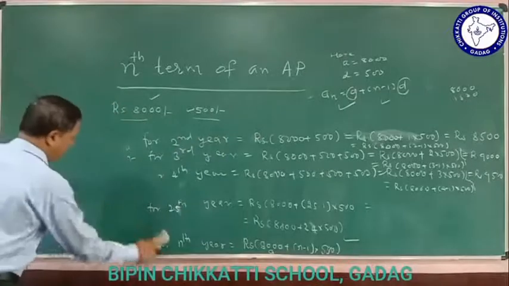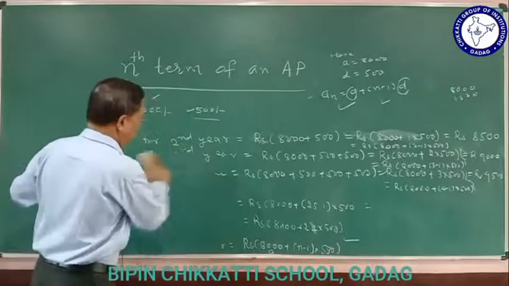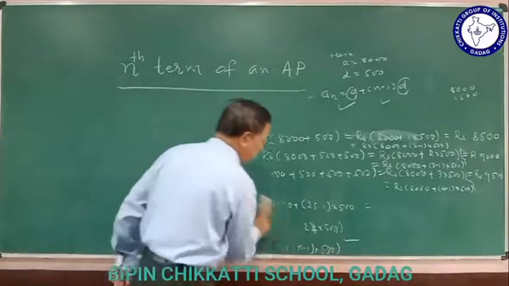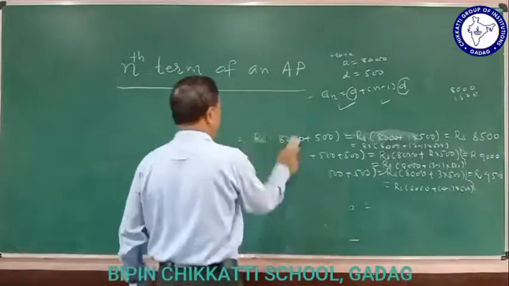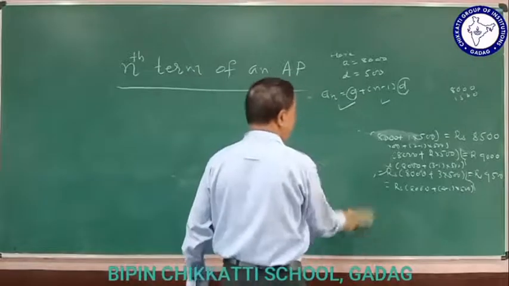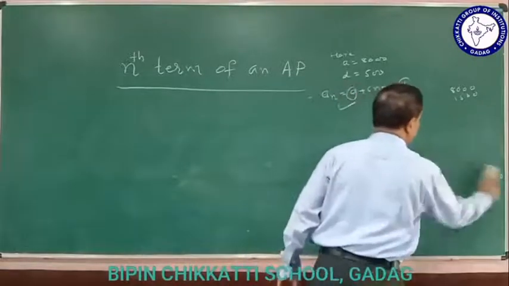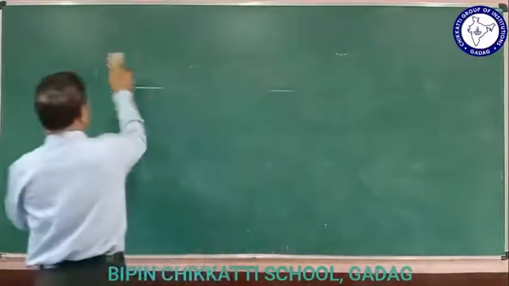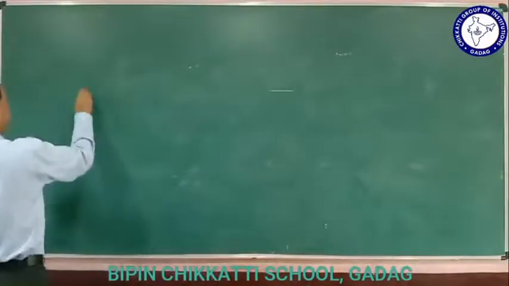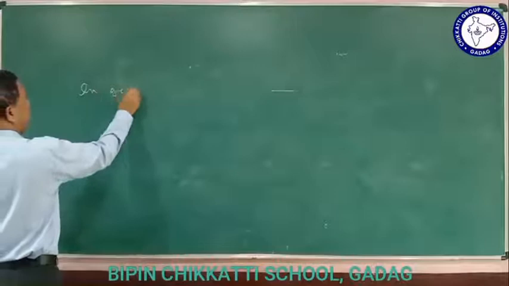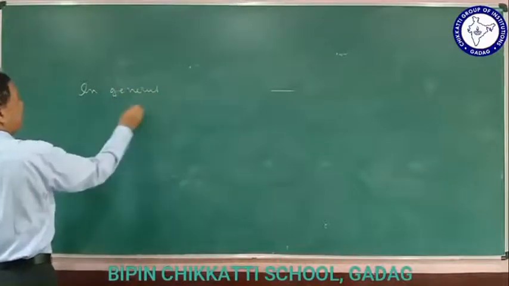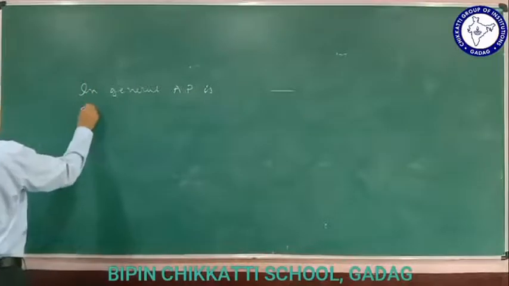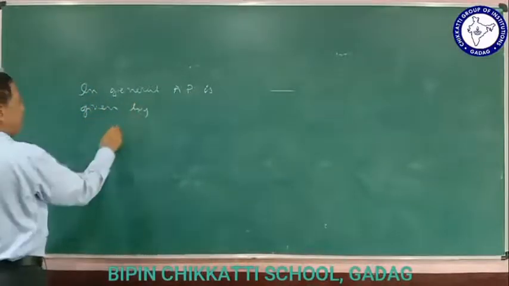Now you see, generally an AP, you know, is A, A plus D, A plus 2D, like that. So you have to see how you can write it, and we'll see the nth term formula. Suppose in general an AP is given by, what is the formula I told you?